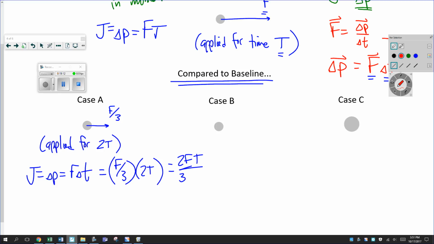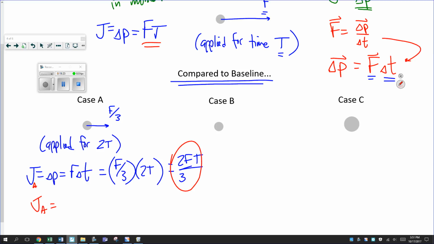Our initial case was Ft. This is 2/3 Ft. So the impulse in case A is 2/3 of this impulse.